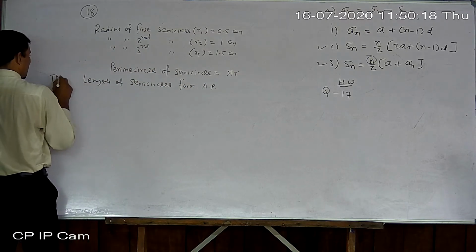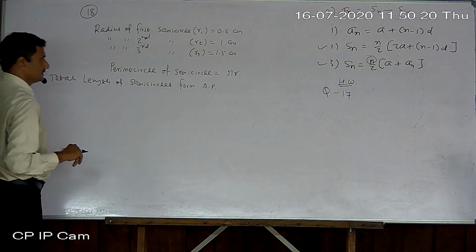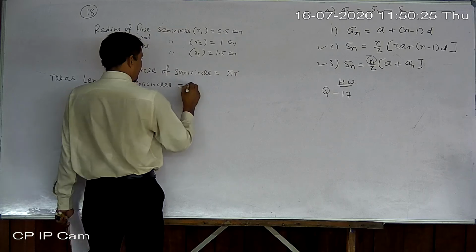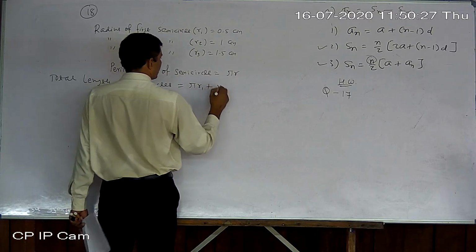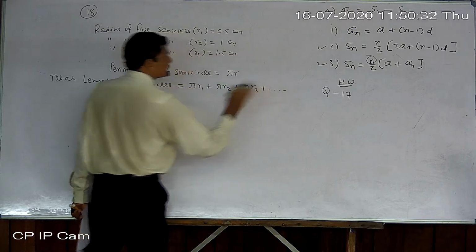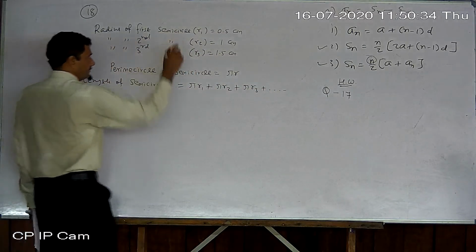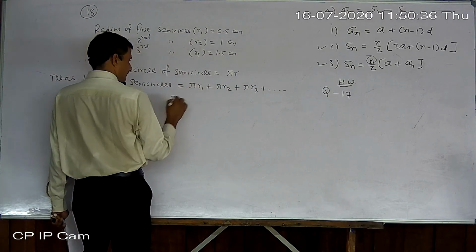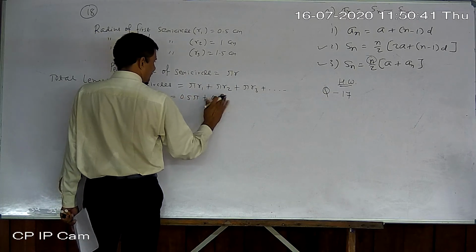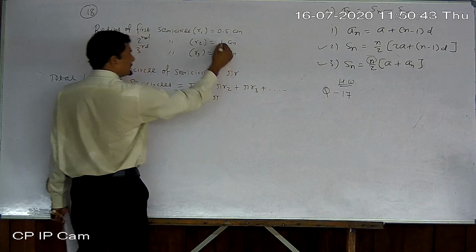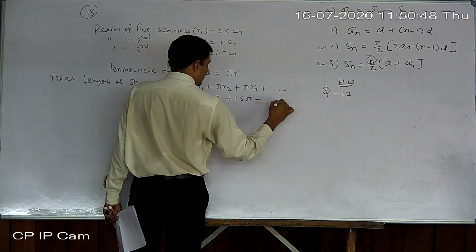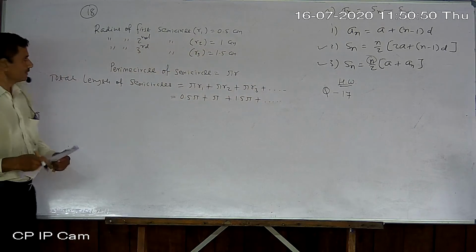Total length of semicircles: pi r1 plus pi r2 plus pi r3, like this up to 13 terms. So r1 is 0.5, so 0.5 pi plus 1 pi, since r2 equals 1, plus 1.5 pi plus 2 pi, likewise up to 13 terms.